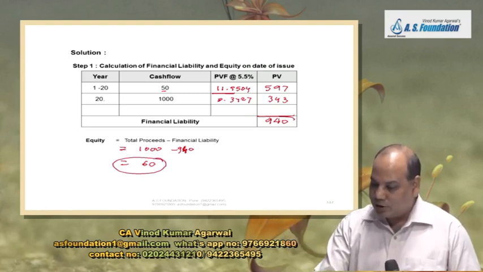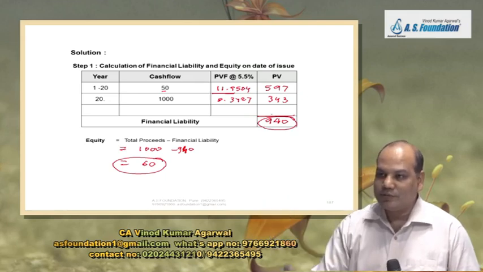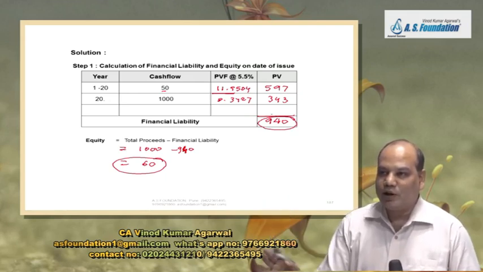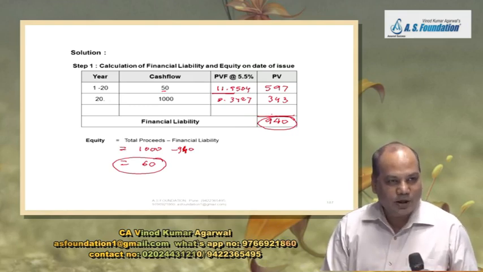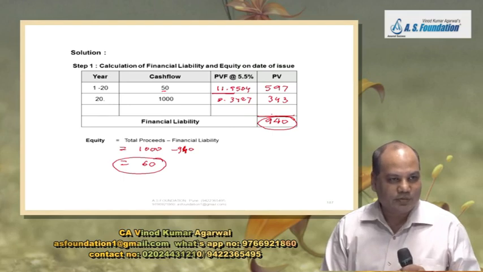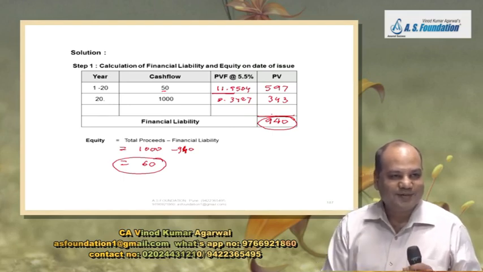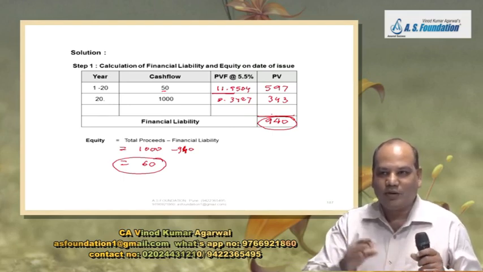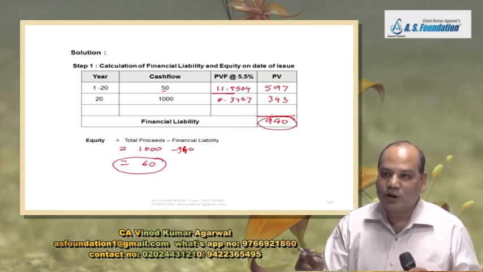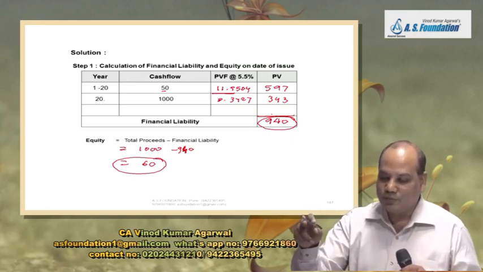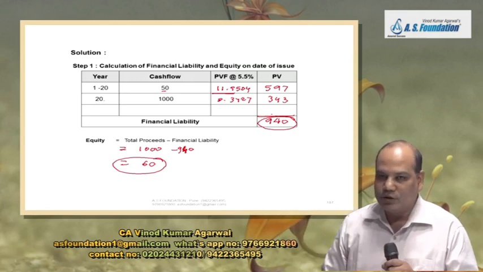But this liability 940 will change every year. Interest accrued you will add and interest paid will be deducted, which you have done in homework also. Is it right? Interest to bank. You have to do this 5 times so that you will be able to reach the carrying amount on 1/1/2014.